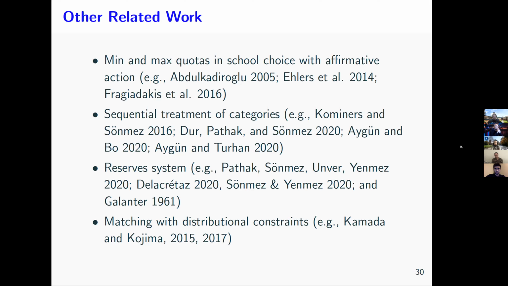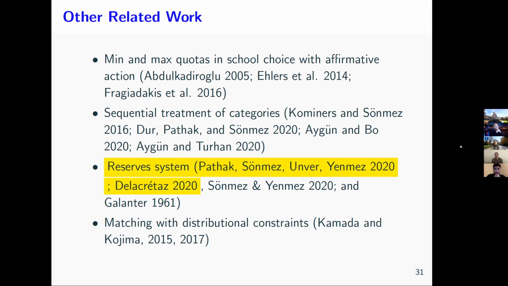The first paper is the one which inspired this paper, the paper by Pathak et al. There's another paper by David, who also presented at AMET. I've highlighted the two papers which have been presented on a very similar model, and they were presented in AMET's seminar last year. And finally, this work is also related more generally to matching with distribution constraints.